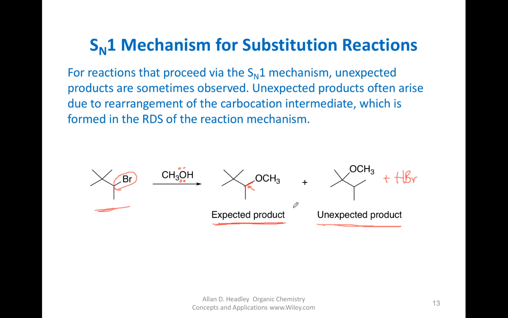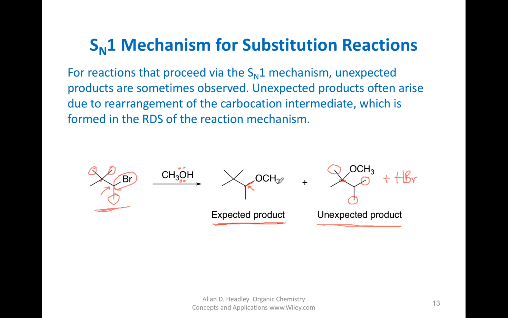Let's see if we can make an observation to see the difference. Notice this carbon here has two methyl groups. Over here it just has one. This carbon here has one methyl group, but over here in the product it has two. So I think you know what's happening here. There is a migration.